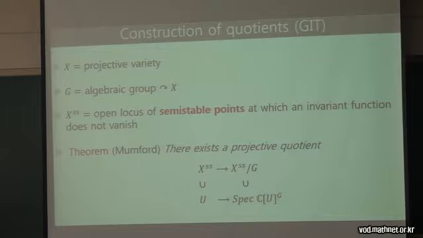If you take an affine open from the semi-stable locus, then locally the quotient is defined by the ring of invariants. So it's not just a quotient in the set theoretic sense: the quotient space has ring of regular functions exactly the ring of invariant functions.